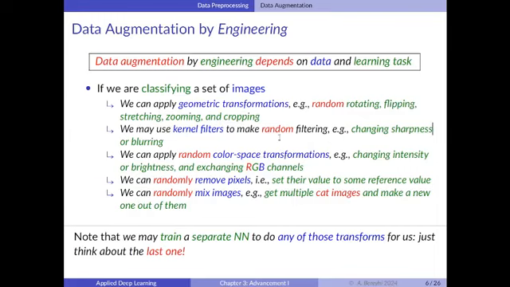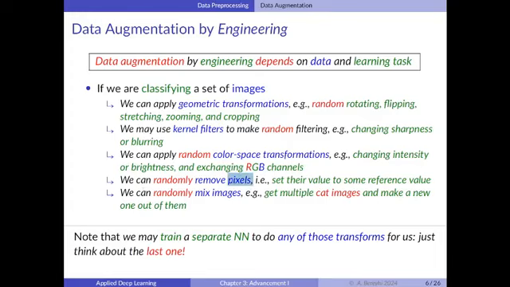Here I'm mostly talking about images, but there are data augmentation techniques for NLP and text too. We can randomize color, for example, change intensity, exchange RGB channels. When we exchange the RGB, the overall data remains the same, but the data changes and it becomes more robust.